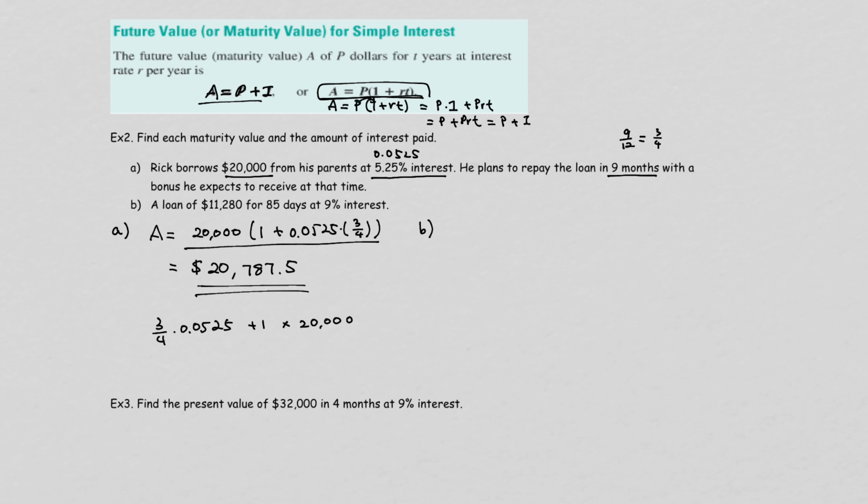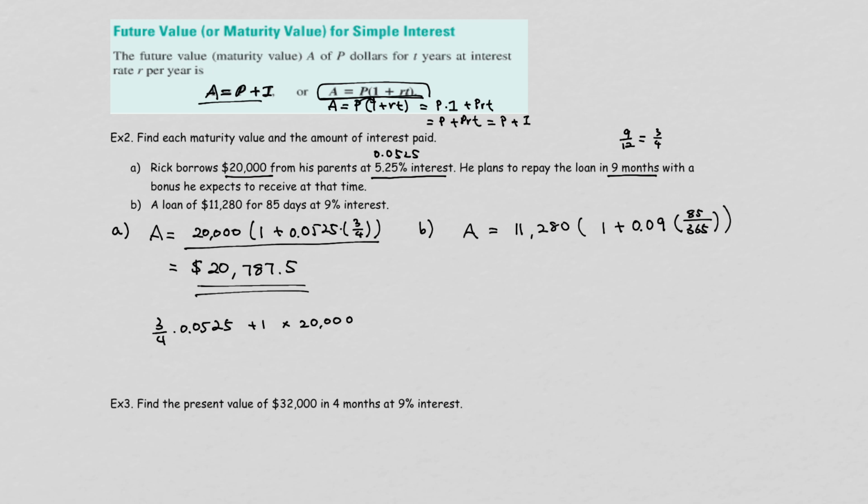So this time the amount you're going to receive is 11,280 times 1 plus your rate, which is 9%, so 0.09 as a decimal, times 85. What's the part of 365 days? Well, you can write that in fraction form to multiply.